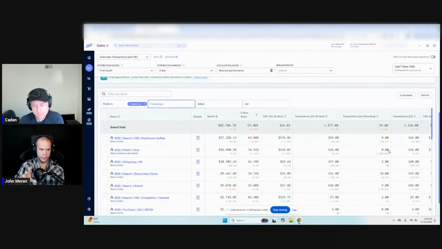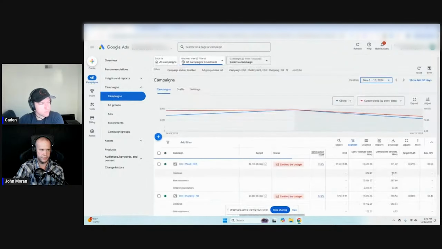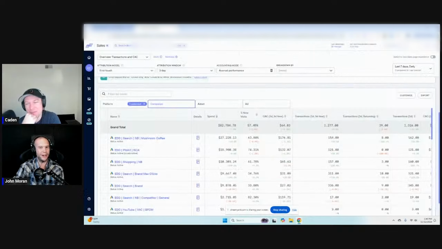That just told us in the last 3 days, our 3-day returning is 0. Now, if we look at the last 3 days inside of here, our returning is 40. That's really concerning when it comes to Northbeam, at least. Which one is messed up?